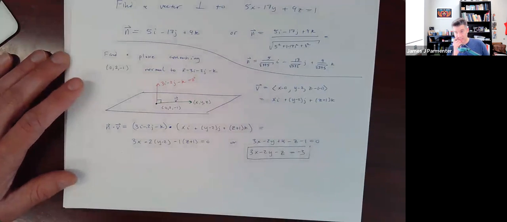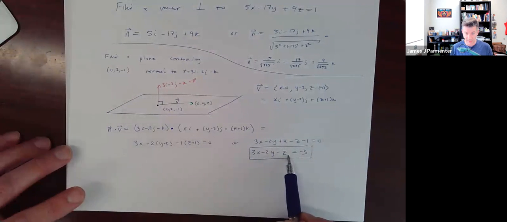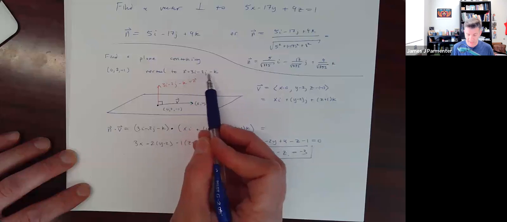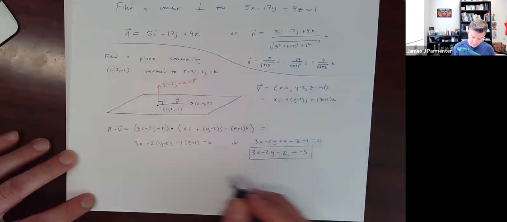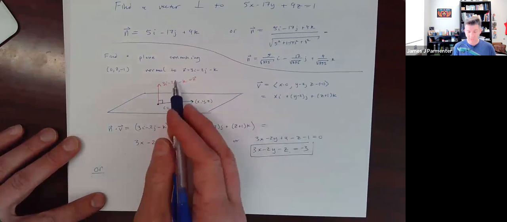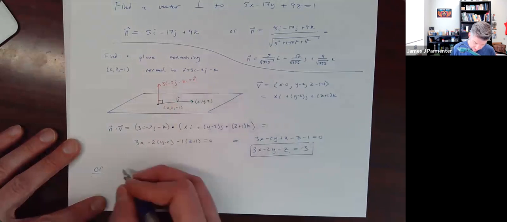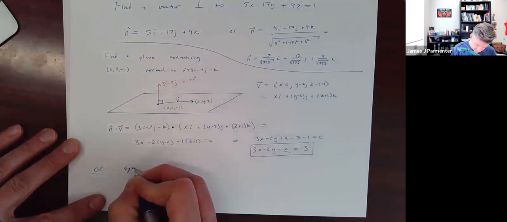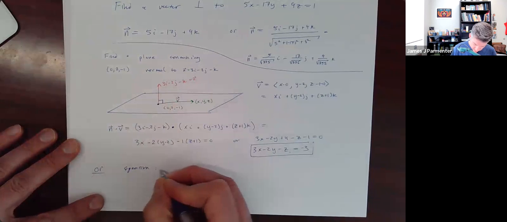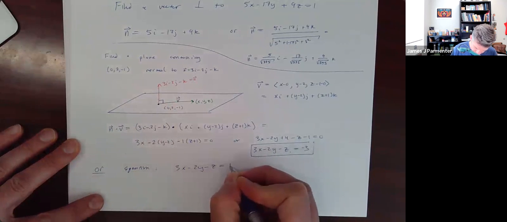And notably, not surprisingly, the coefficients of x, y, and z are exactly the components of the i, j, and k parts of that vector. Now, the easier way to do this is to just say the following. Those components are the coefficients, so I know the equation of the plane has to be 3x minus 2y minus z equals some constant.